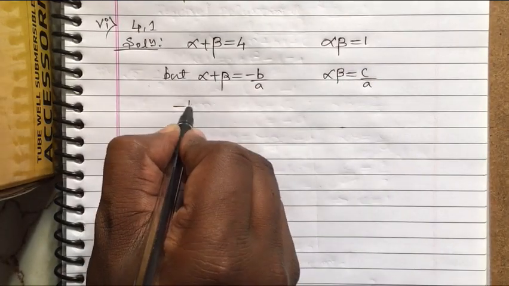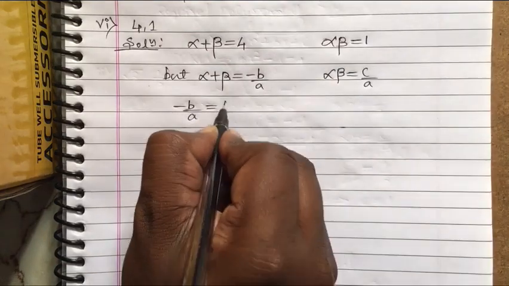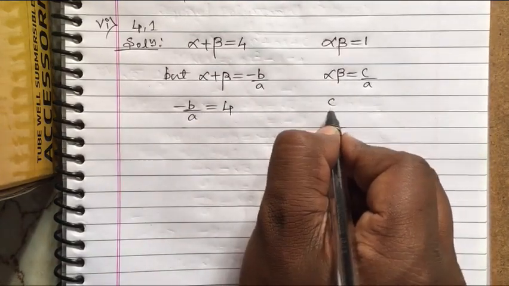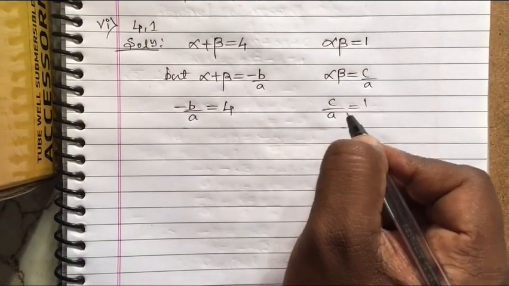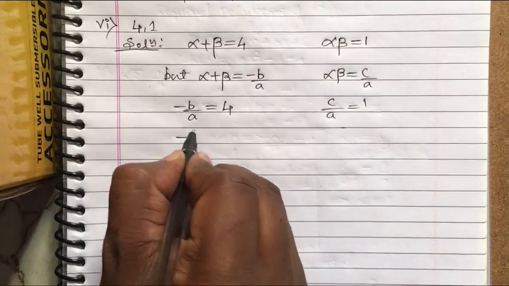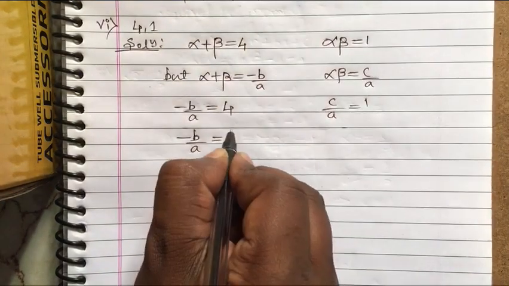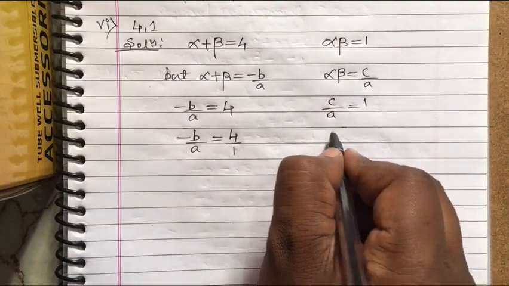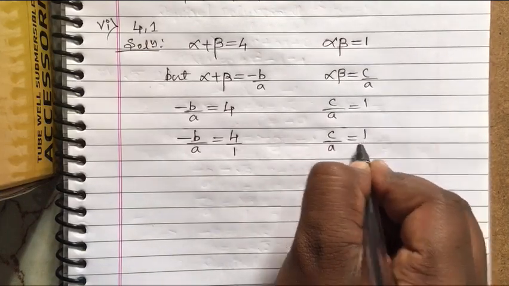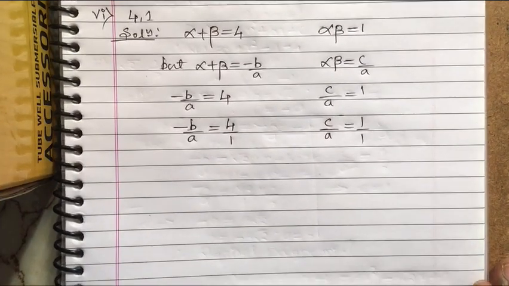So minus b by a is equal to 4, and here c by a is equal to 1. So that is minus b by a is equal to 4 by 1, and here c by a is equal to 1 by 1.